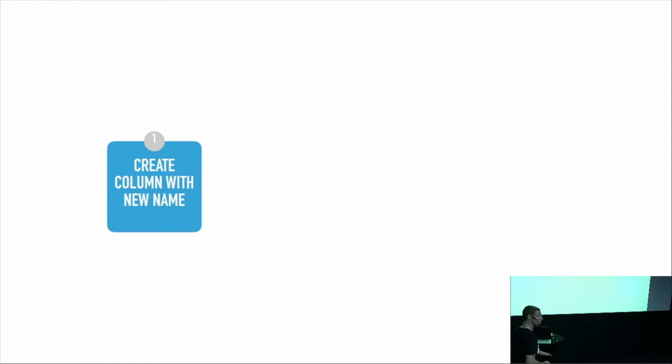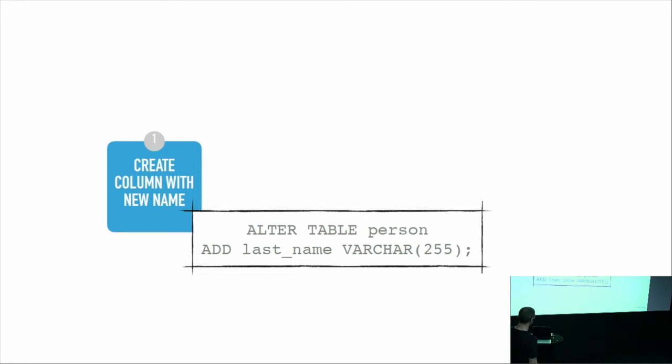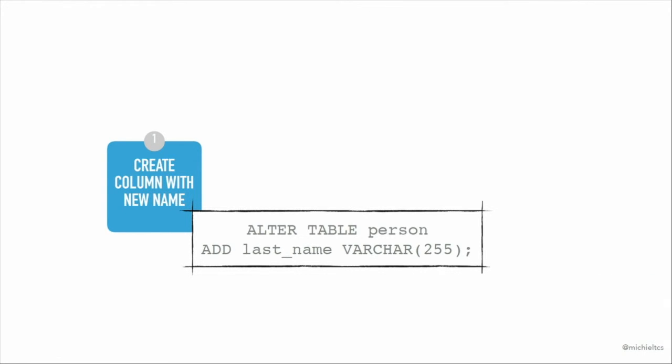Now the last_name column is fresh and is empty, right? We add it, and the key thing to note here, if you're in MySQL or Percona land, it should be nullable, because we don't have any data in that column yet. So we cannot set a non-null constraint on that column. That is the first thing we do.